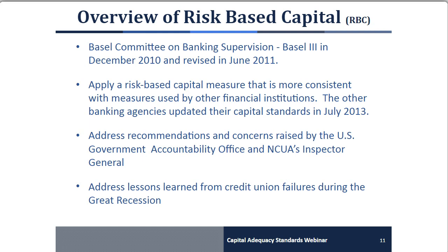A well-designed risk-based capital ratio standard would have been more successful in helping credit unions avoid failure precisely because such standards are targeted at activities that result in elevated risk.